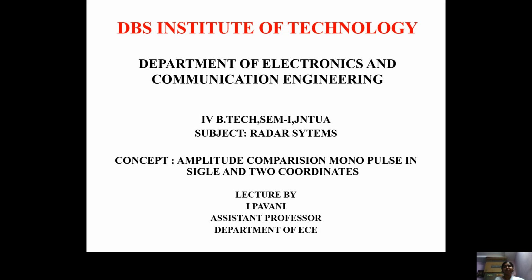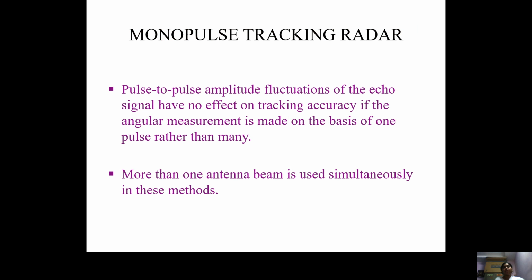Here we use more than one lobe simultaneously. Monopulse tracking radar uses only a single pulse for processing, and a single pulse is enough for extracting the range information as well as the angular error.